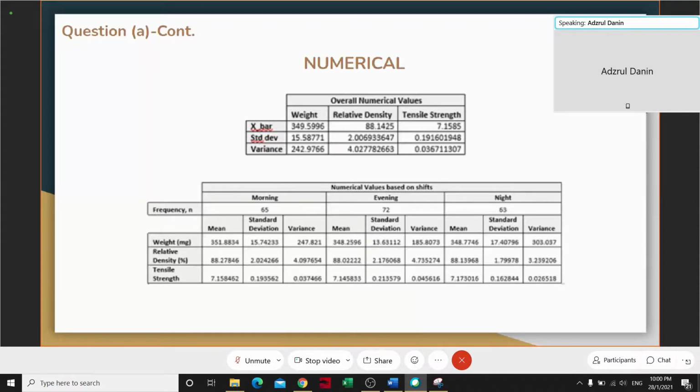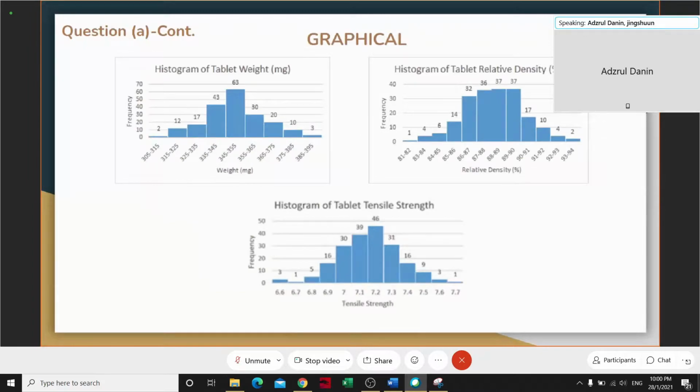Then lastly, we can make a graphical analysis by representing the data as graphs, either charts or line graphs and so on, based on the specifications or things that we are looking for.